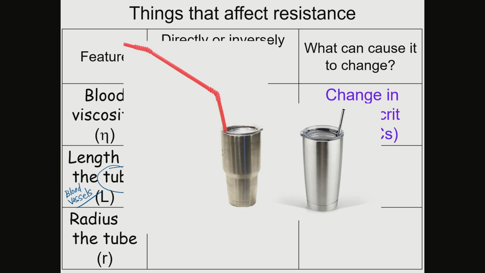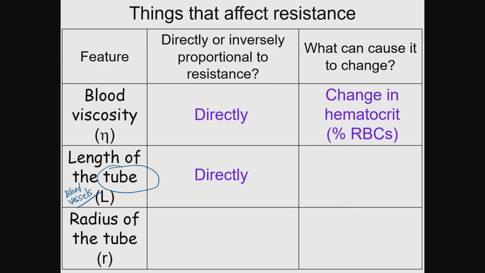The short straw, right? And so the length of the tube also affects resistance. The longer the tube, the greater the resistance, so directly or inversely proportional? It's directly proportional, okay?